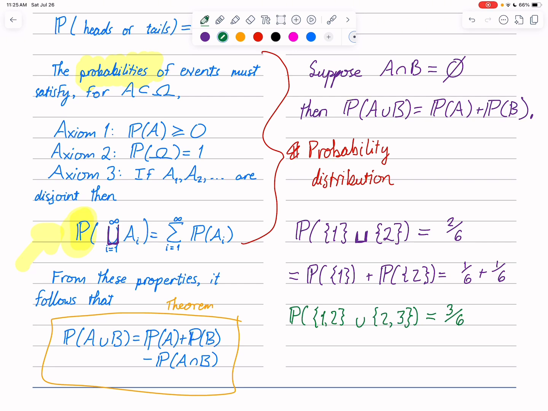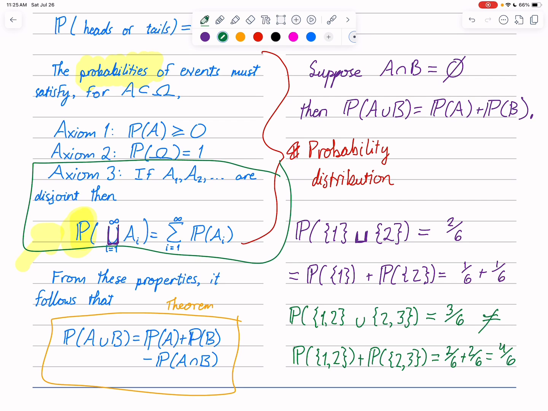So now contrast that with what you would get if you tried to use the sum formula and compute that as the probability of {1, 2} plus the probability of {2, 3}, which in each case I think we know is 2/6 plus 2/6, which is 4/6. And it's not the same answer. They're not equal. So when the sets are not disjoint, we cannot use the sum rule, is what you might call this rule.